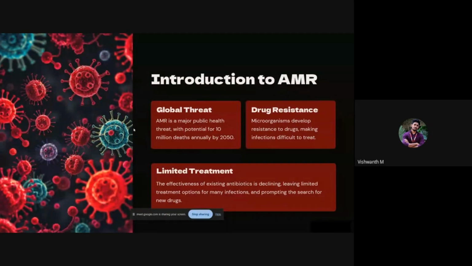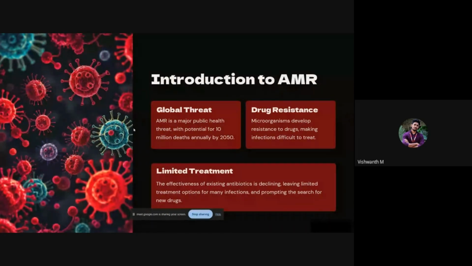We can actually relate it to everyday activities also. The first one is overuse of antibiotics. When you get sick, you take antibiotics, but sometimes, in the case of a simple common cold, we take a lot of antibiotics. This creates a lot of stress on our body, and the microorganisms develop resistance to these antibiotics.